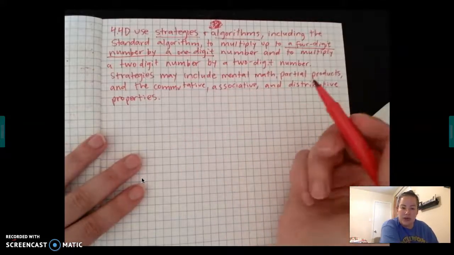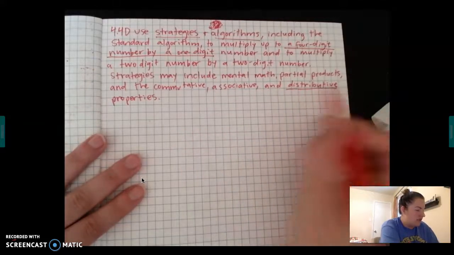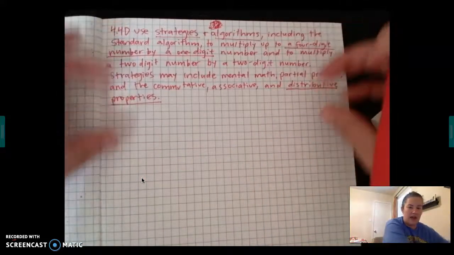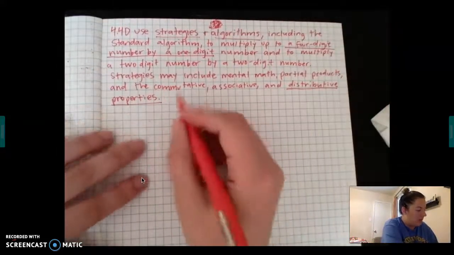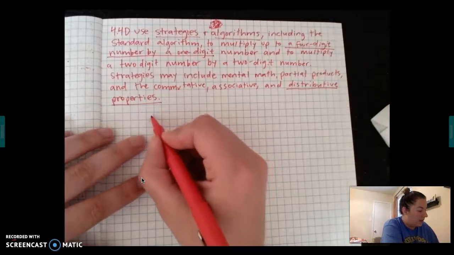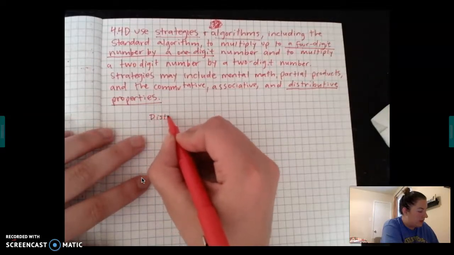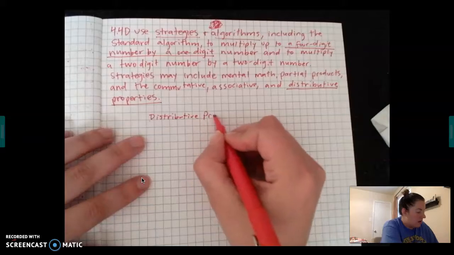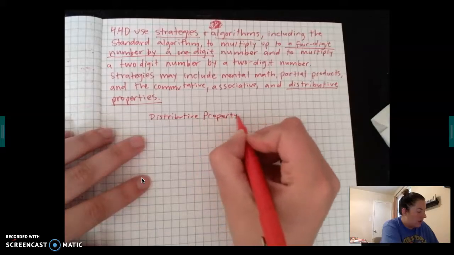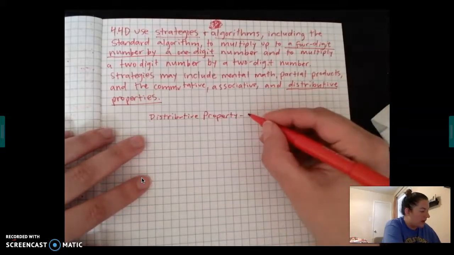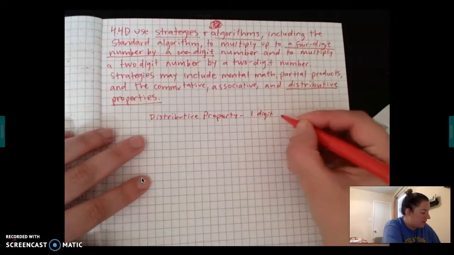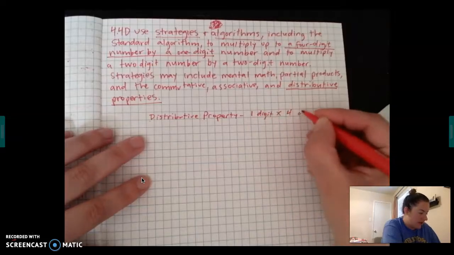The strategy we're going to talk about today is the distributive property. So what we're taking out of this TEK today only, we're going to focus on the distributive property, and we're going to focus on multiplying a 1-digit number by a 4-digit number.